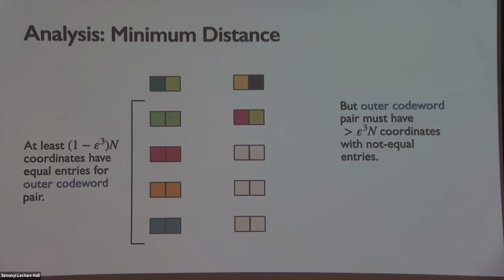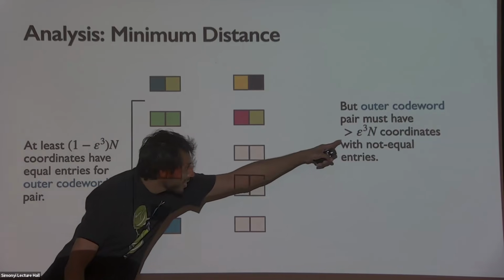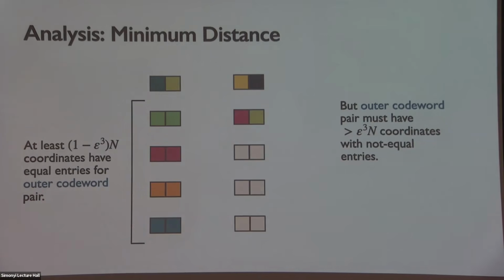So you start with a code with distance epsilon cubed n, tiny, and then you get 1 minus r minus epsilon distance. Another way to look at it. So this is the reformulated proof for AEL. Up until now, nothing new has been said. But now, hopefully, I'll show the result which follows this.